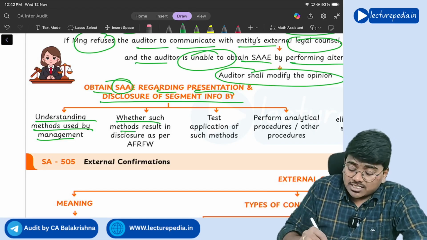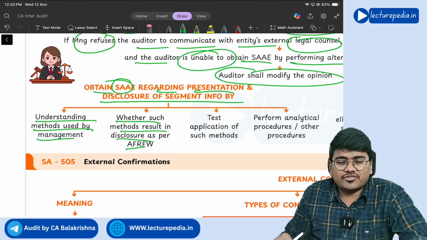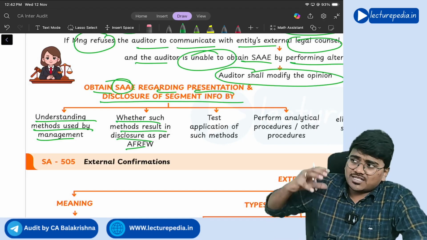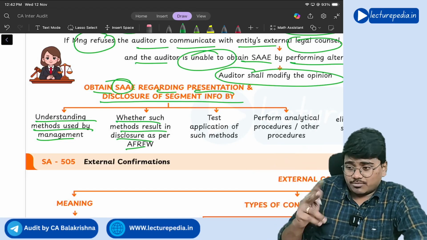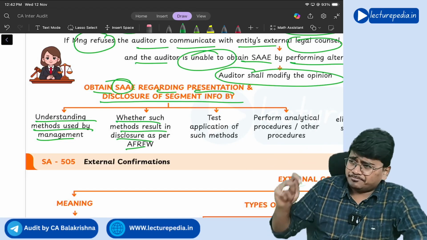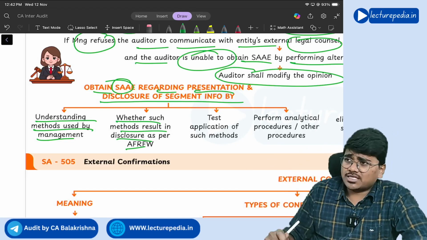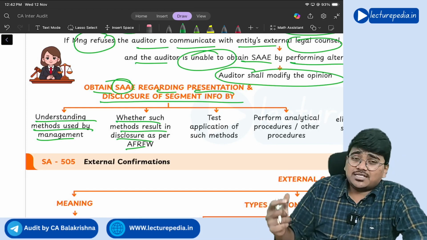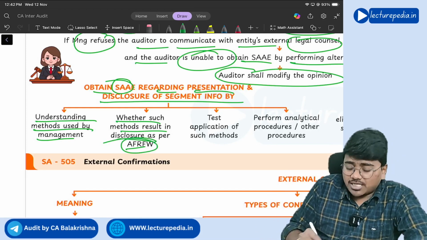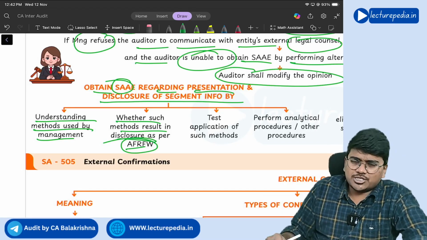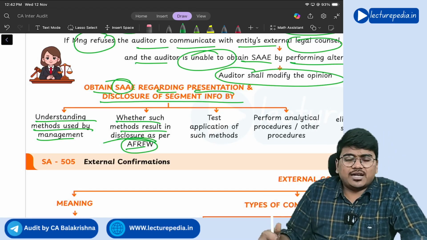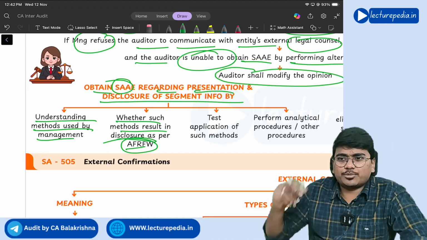Next, whether such method results in disclosure as per the applicable financial reporting framework. So whatever method the management is following for preparing that segment information, by following that method, can the presentation and disclosure as per the applicable financial reporting framework be achieved, or will it deviate from the requirements of the applicable financial reporting framework?